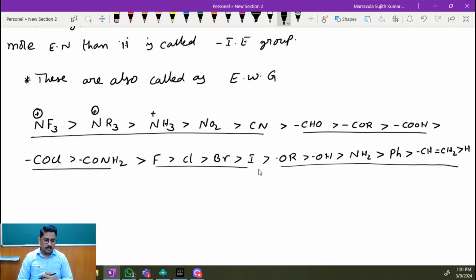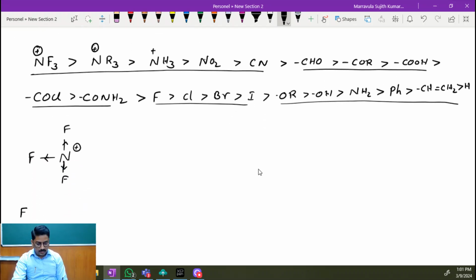And why is NF3 highest, or why does it have more capacity? Let's see the structure of NF3: nitrogen with fluorine, fluorine and fluorine. Here plus is there, right? It is already unstable because of the plus. And one more thing: all these fluorine atoms take the electrons because fluorine is more electronegative than nitrogen.